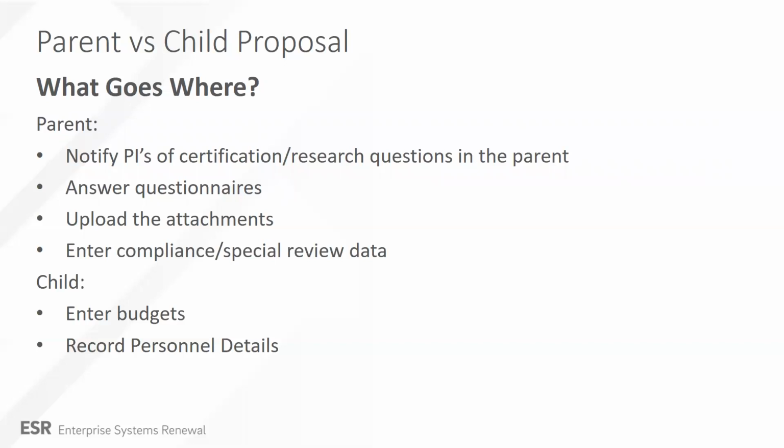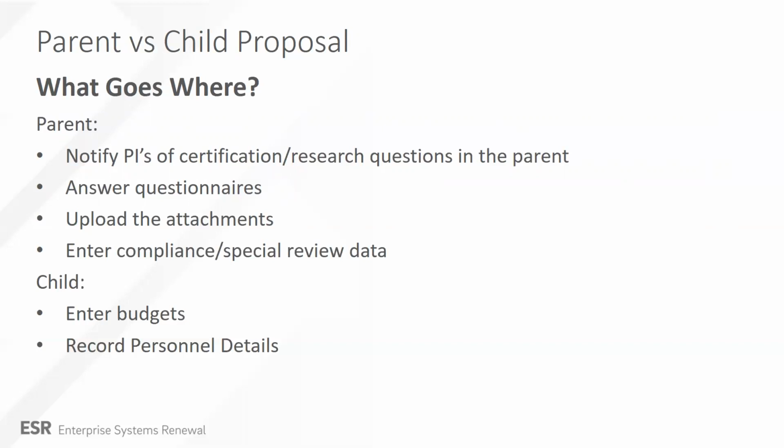And then most often, child proposals are used for budgets and proposal personnel information. You could upload documents and attachments in the child proposals and sync them to the parent, but according to Kuali, they say it is best practice to upload all of the attachments in the parent proposal. So that is what I recommend.